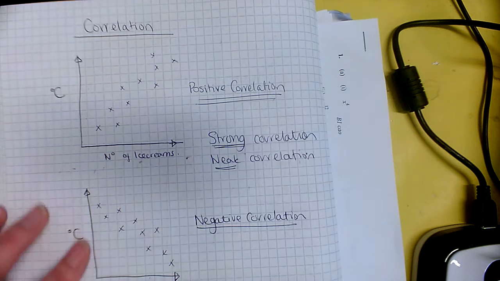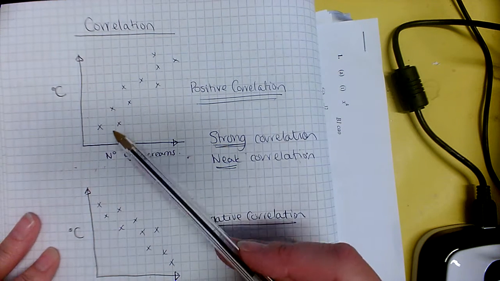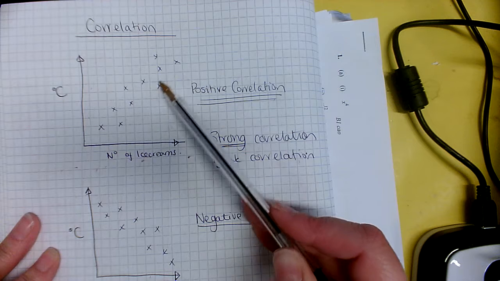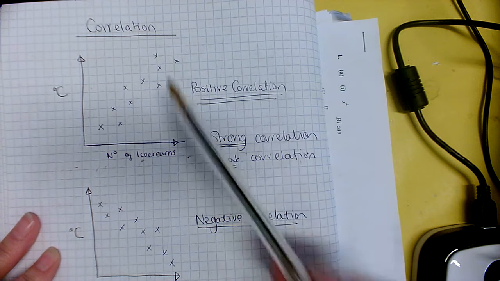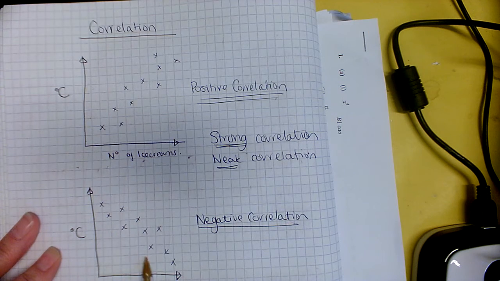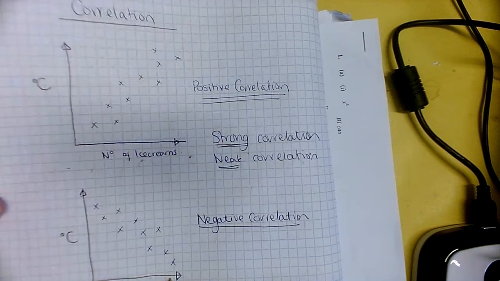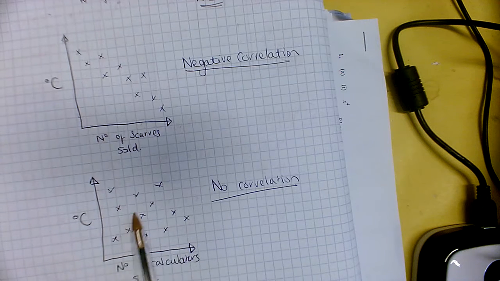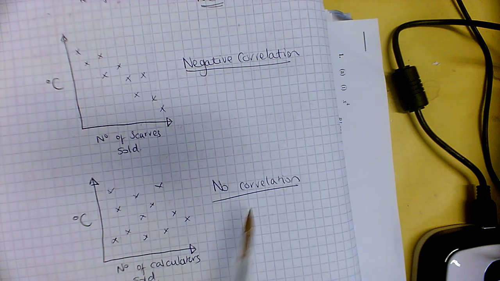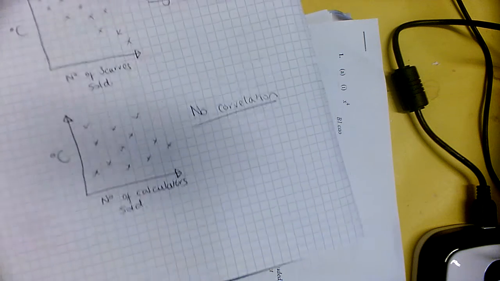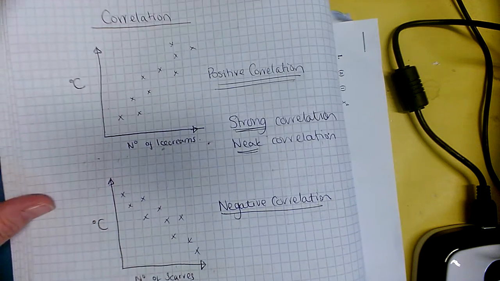But in an exam, typically they'll just want to make sure that you know that an upward left to right pattern is positive, a downward left to right pattern is negative, and a random pattern means that there's no correlation at all. So that is correlation in a nutshell.